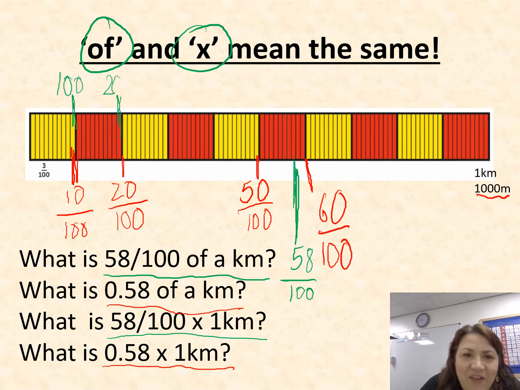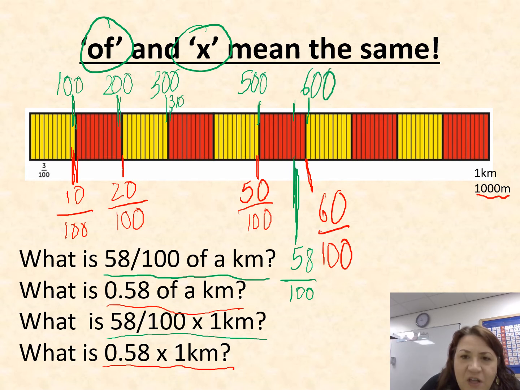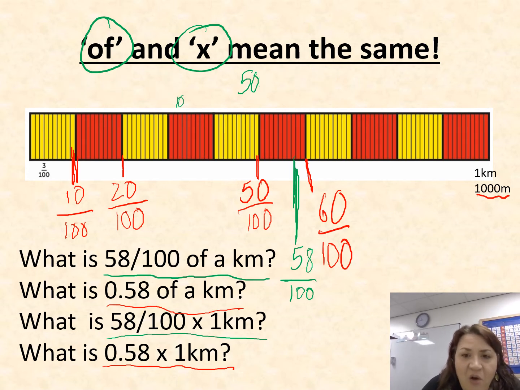So now we've got to think what each hundredth is worth. Each hundredth is worth 10. So that would be 310 there. This would be worth 500. This would be worth 600, which means our 58 out of 100 would actually be worth 580 out of 1,000 in this case. It's very, very confusing.